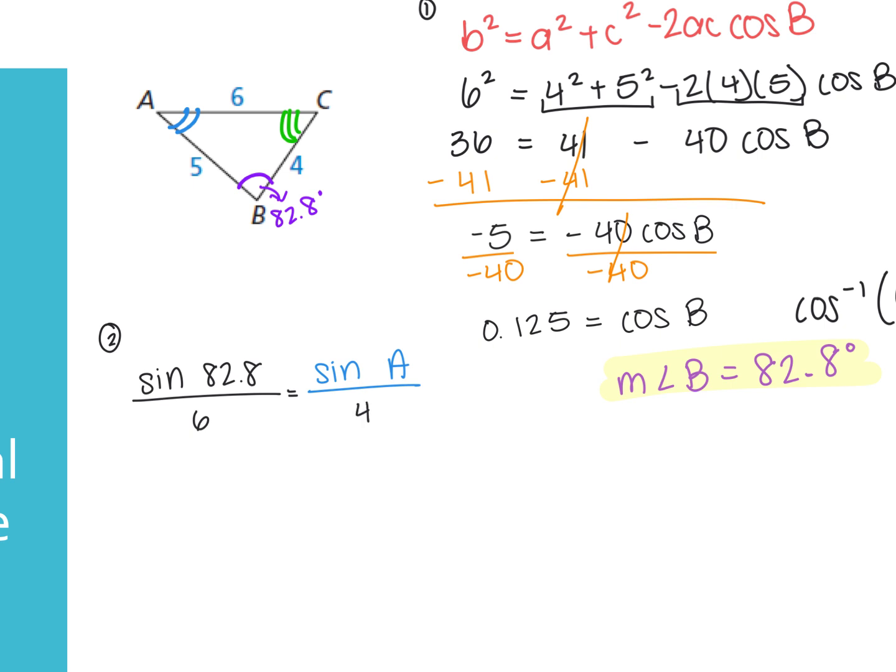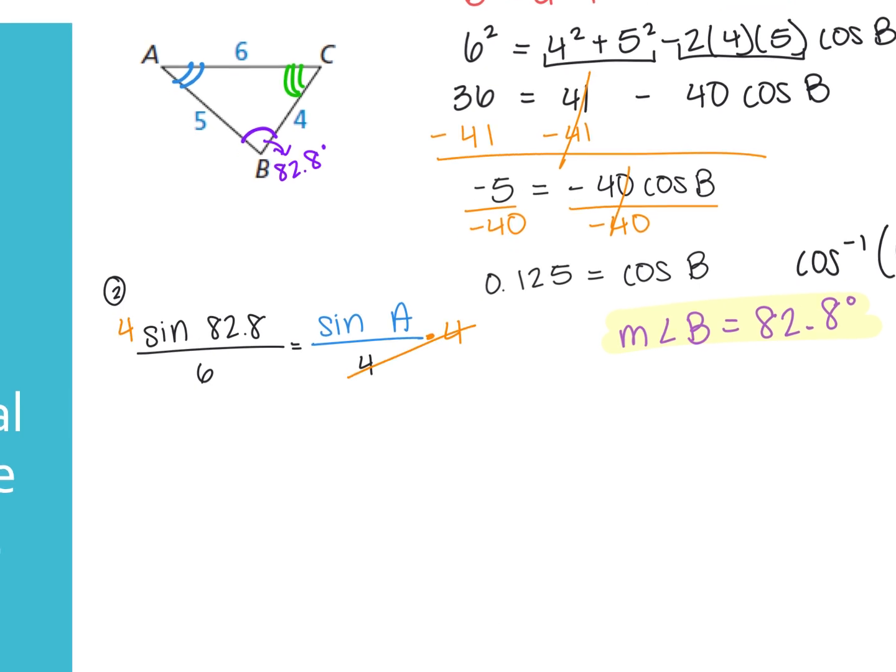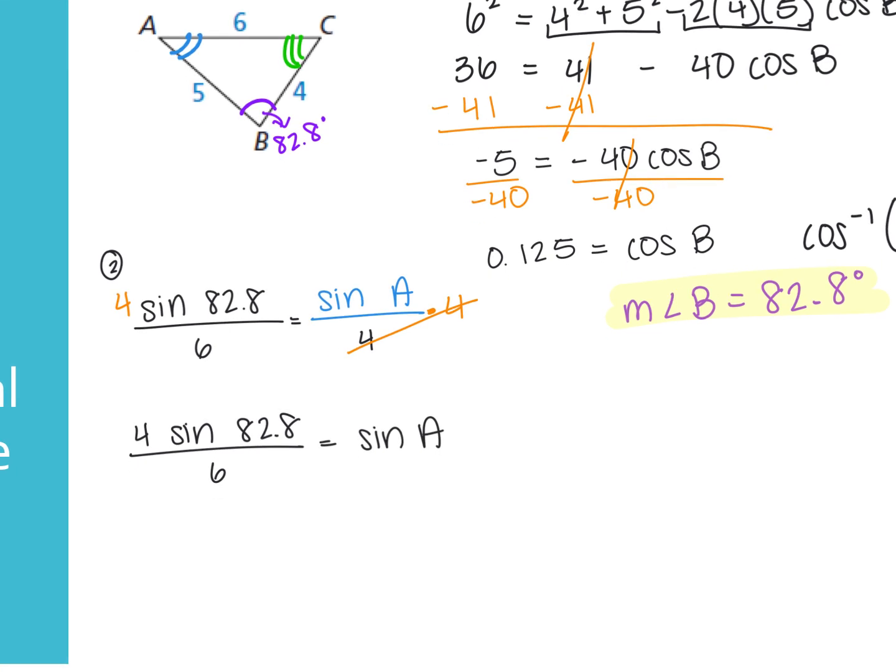How do I get sine angle A by itself? What do I have to do? Multiply both sides by 4. And then I have 4 sine 82.8 over 6 equals sine A. If I'm solving for my angle, what do I have to do? I have to use my inverse.